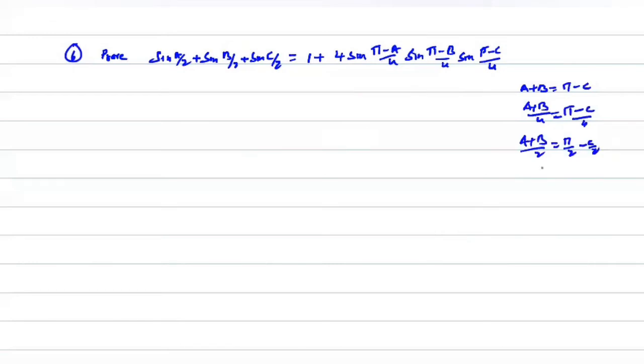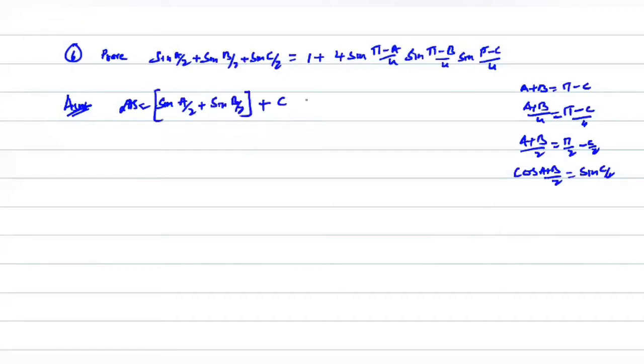Cos of 90 minus c by 2 is sin c by 2. In place of sin c by 2, you have to write this. So first step is the same as that of the last problem. Can you answer? So this is LHS. Sin a by 2 plus sin b by 2 is the first term. I consider this as a unit. And then this as cos of 90 minus c by 2.